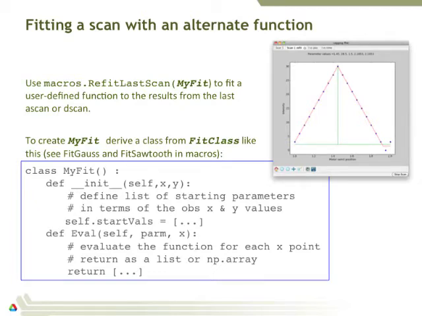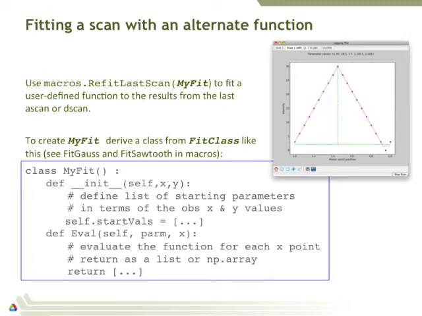Then you have another function which evaluates the difference between the fitting function and the actual data. If you define these two things, then you can use refit last scan, pass it the name of this class you've defined, and it will fit it.